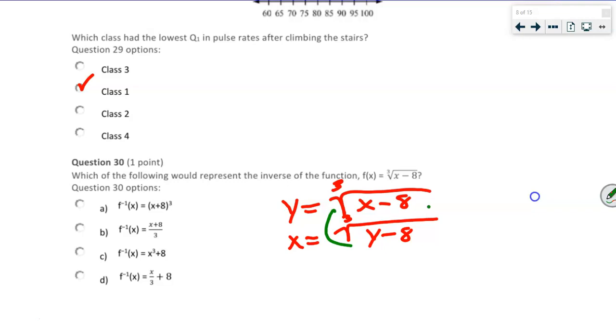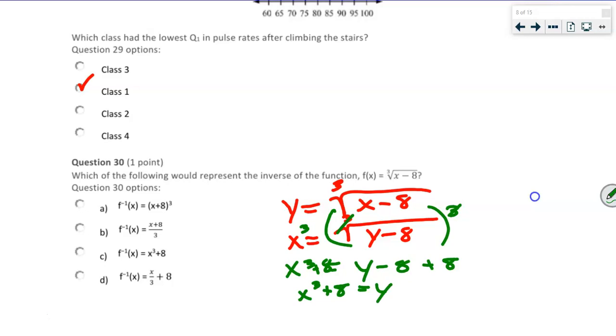We cube it, right? So this is going to be x to the third. Now this is canceled out, so we're left with y minus 8. So we would add 8 to both sides. So this is going to be x to the third plus 8 is equal to y, which is the same as the inverse. So it's going to be this one right here.